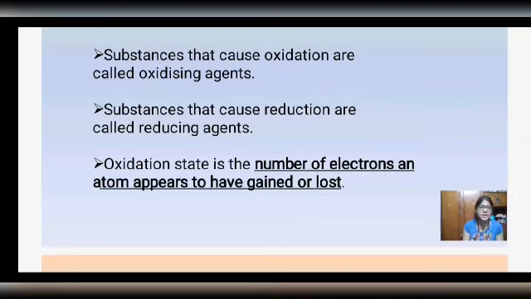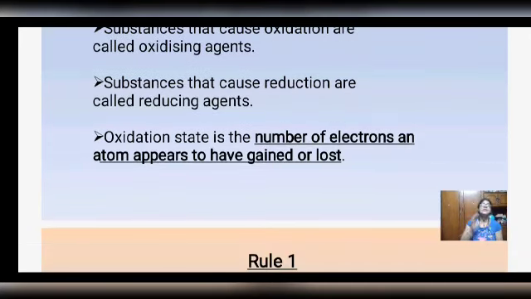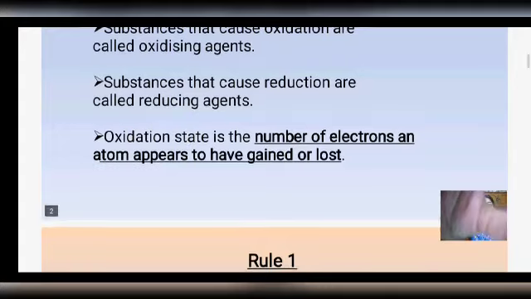So, oxidation number is nothing but the number assigned to an element in a compound. And what is that number? That number is nothing but the number of electrons gained or left by the compound or the element.